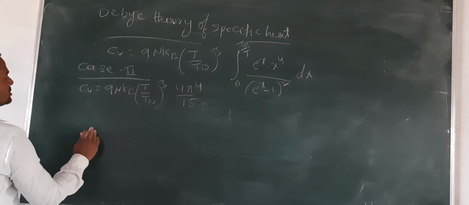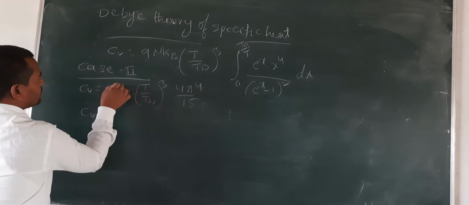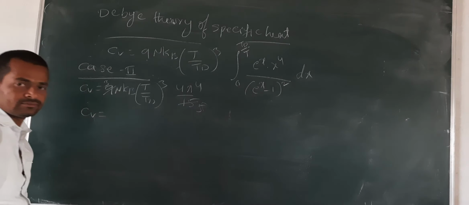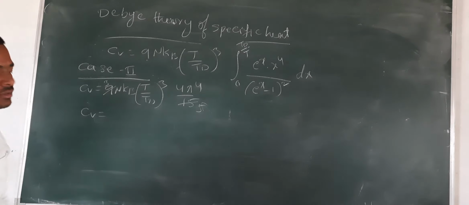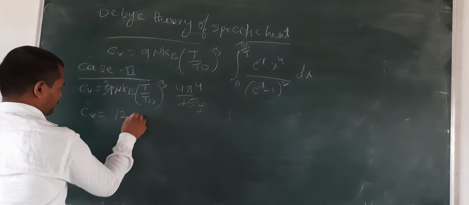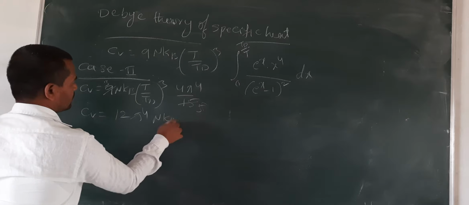Now Cv is equal to 9, 3 fives are 15, 3 threes are 9, so 3 into 4 is 12, pi power 4 n kb.